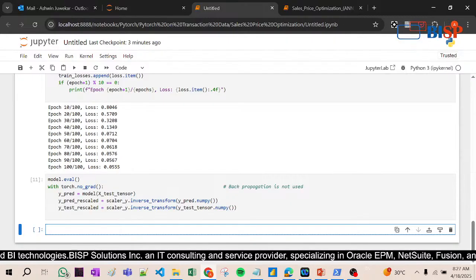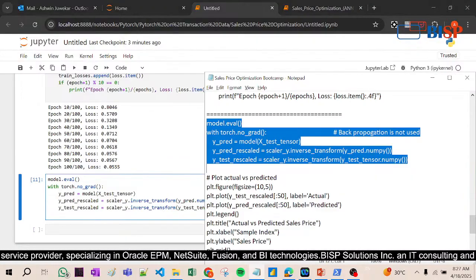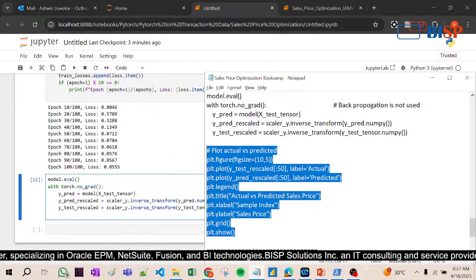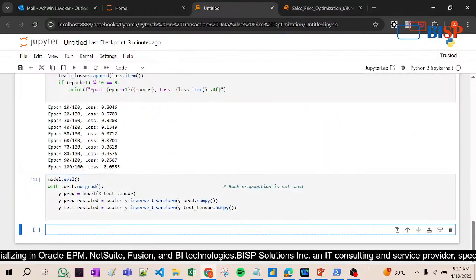Here we have used no_grad, meaning no gradient. That means backpropagation is not used here. Why is the prediction rescaled? This is all a technical backend process. Our main target is to plot the actual and predicted data.